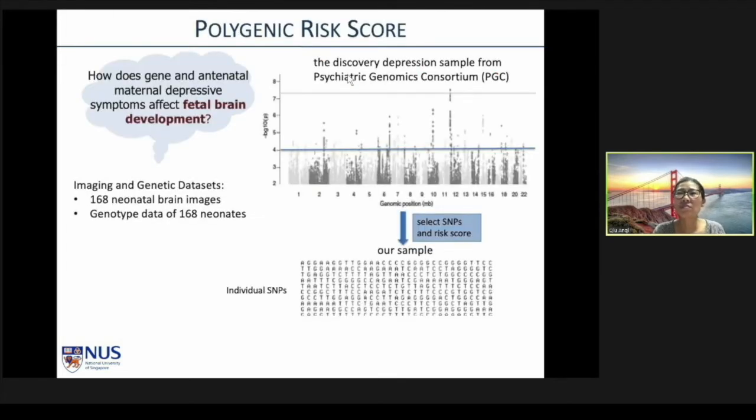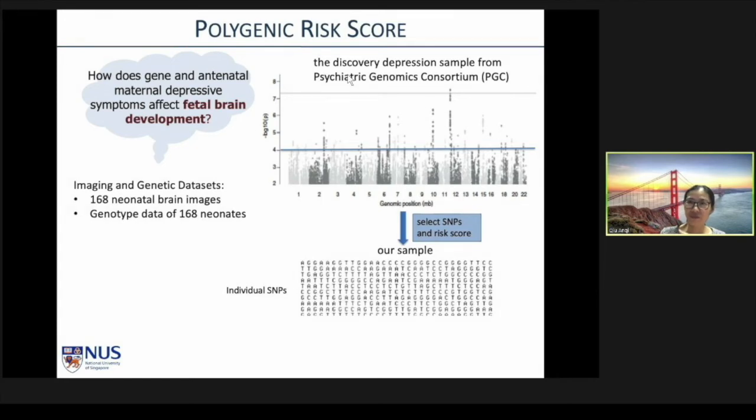The second approach we will introduce is called polygenic risk score. We will give an example to illustrate how to compute the polygenic risk score for individual subjects. In this particular example, we investigate how genes and antenatal maternal depression affect fetal brain development.